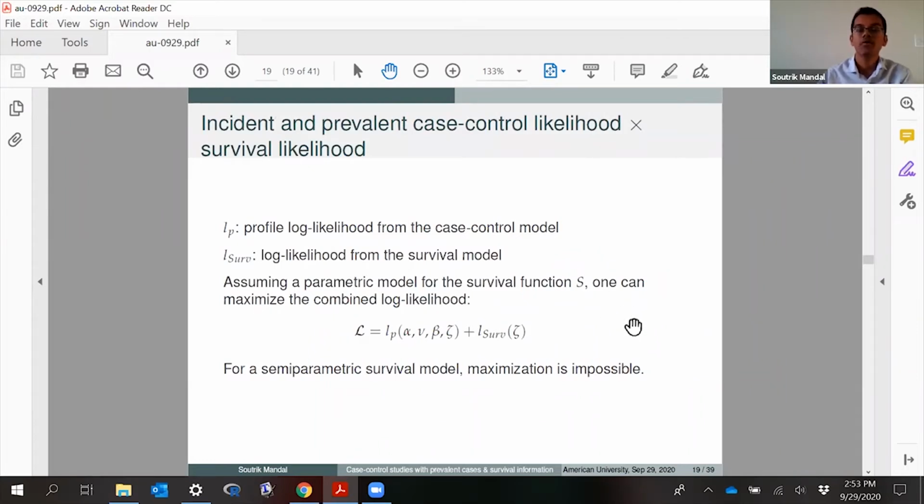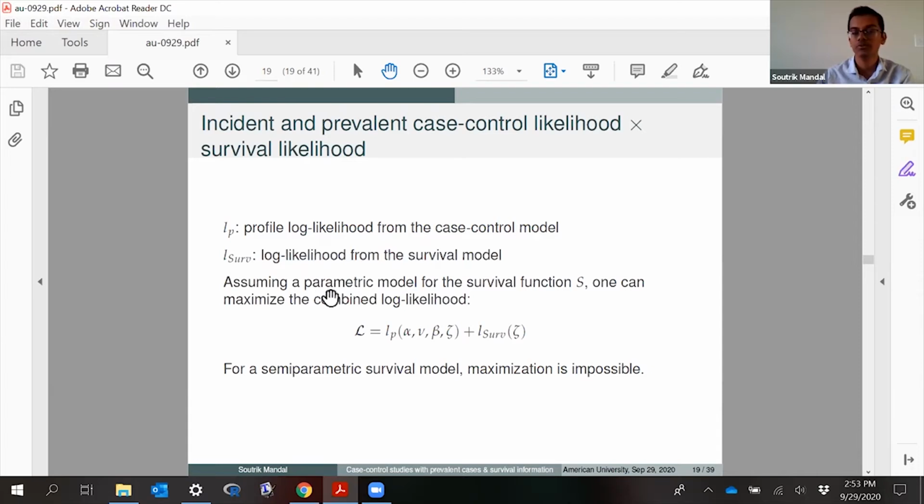And now we combine the survival likelihood with the case control likelihood from before. So we had the profile log likelihood from the case control model, and now we have the log likelihood from the survival model.